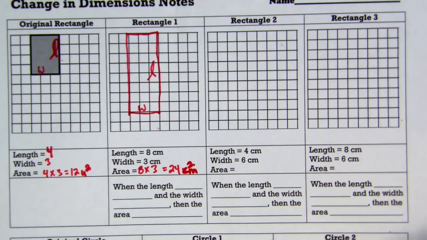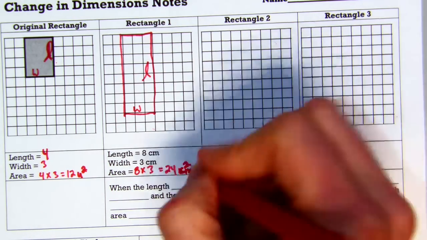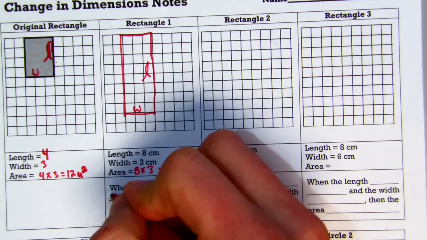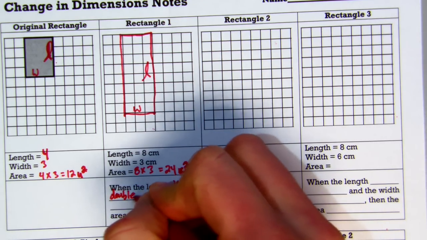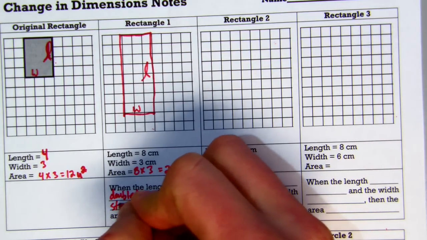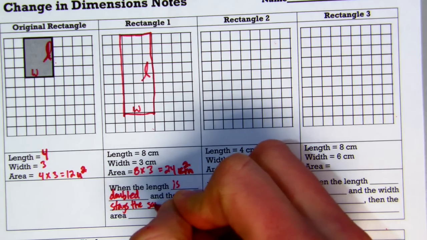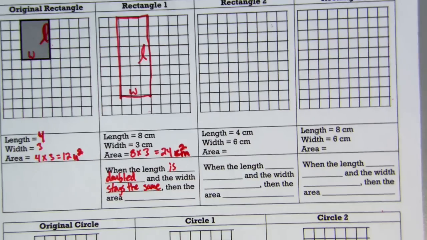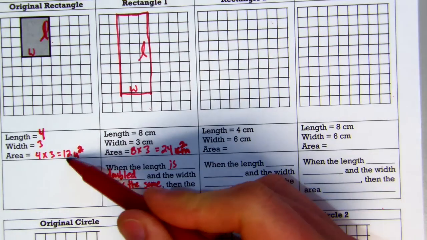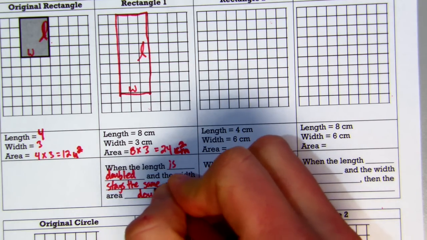Alright, so from this I notice that when the length is doubled and the width stays the same, then the area, going from 12 to 24, doubled also.